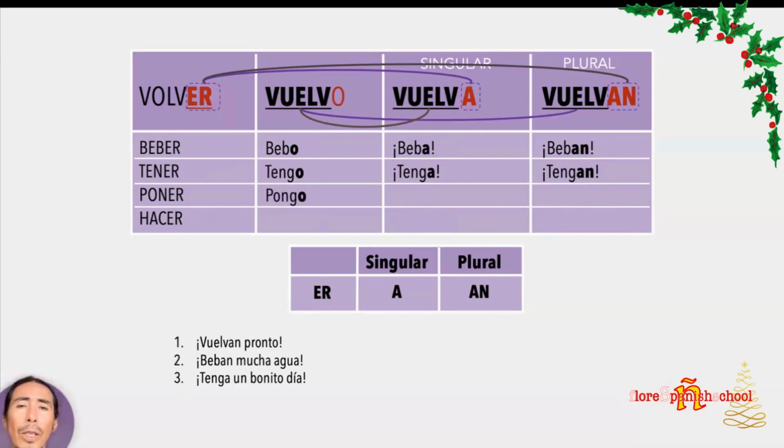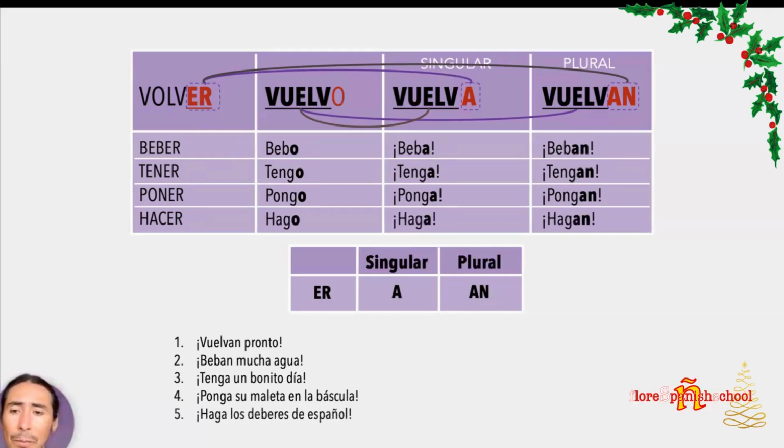It always changes. Ponga, pongan. Ponga su maleta en la báscula. This could happen at the airport. Put your suitcase on the scale. Now, hacer. Yo hago, haga, hagan. Haga los deberes de español. Do the Spanish homework.